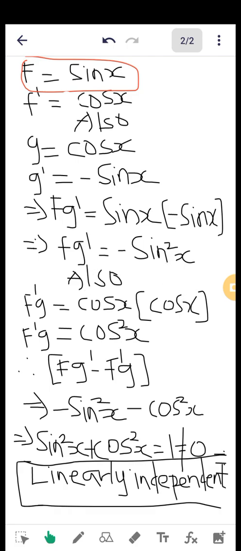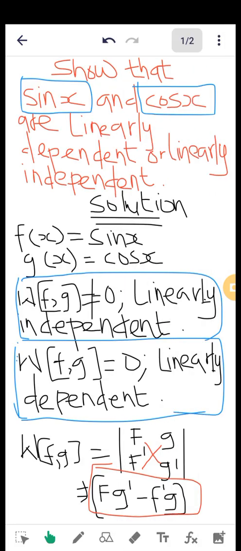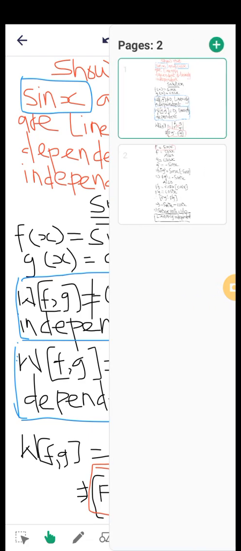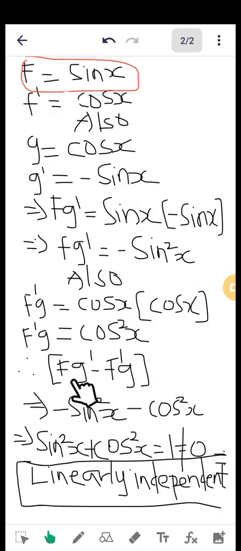Also, the other diagonal is f prime times g. F prime is cos x, times the g, which is cos x. So cos x times cos x gives cos square x.